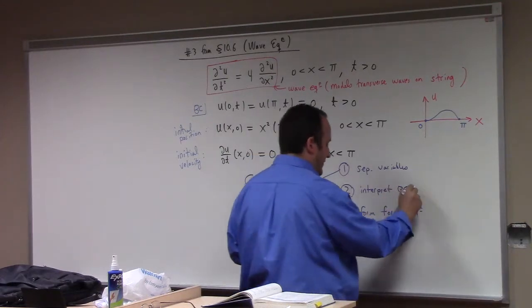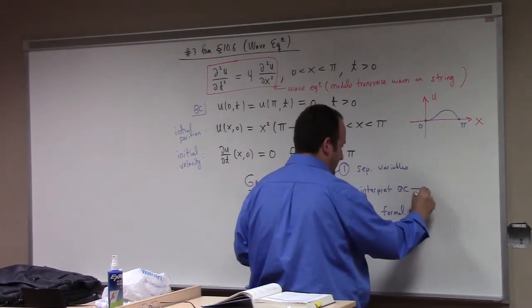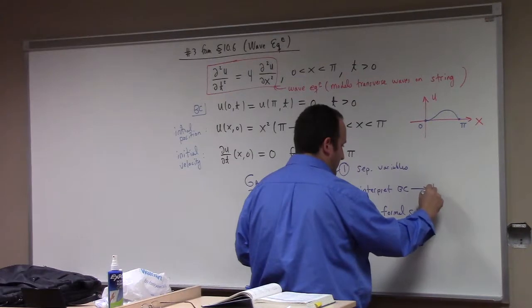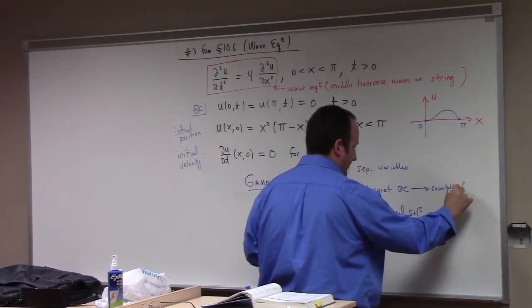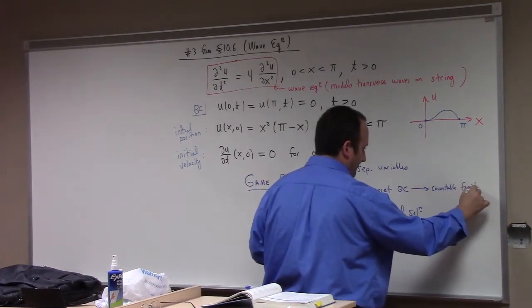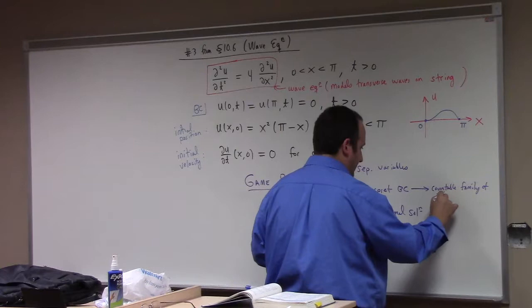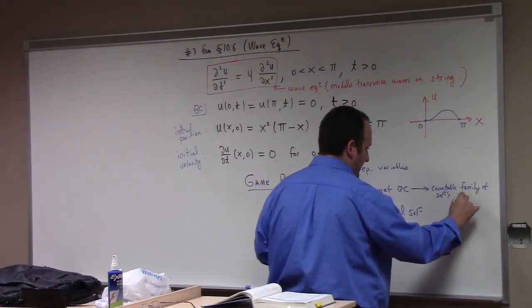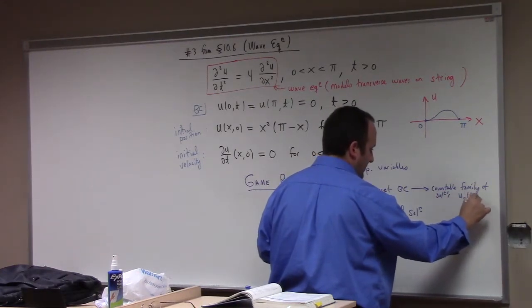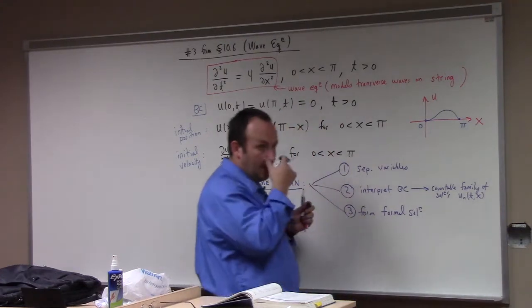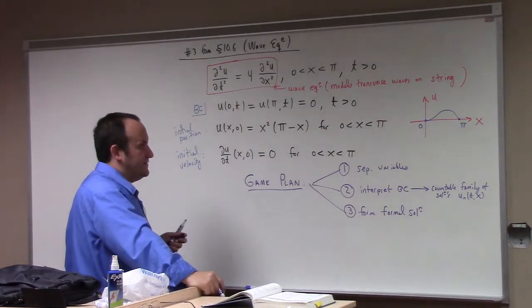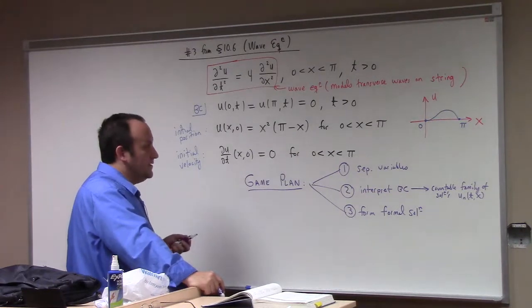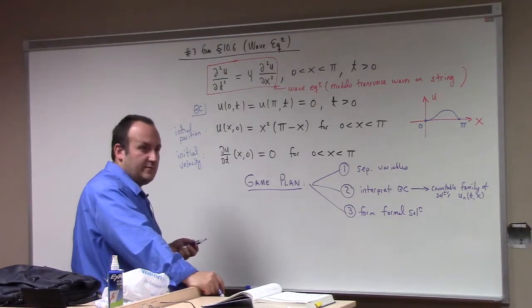So interpret boundary conditions, and then that implies a countable family of solutions, say u_n(t,x) in this case, right? So we're not going to find just one solution that fits the boundary conditions. We're going to find a truckload of them, and they're going to depend on some integer n.